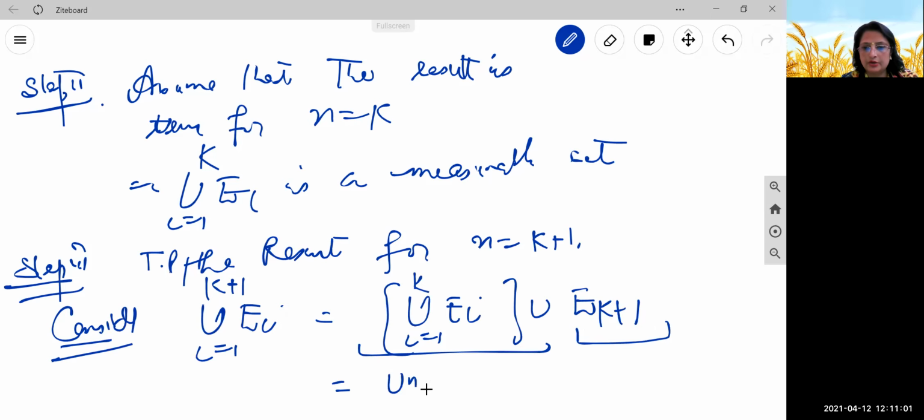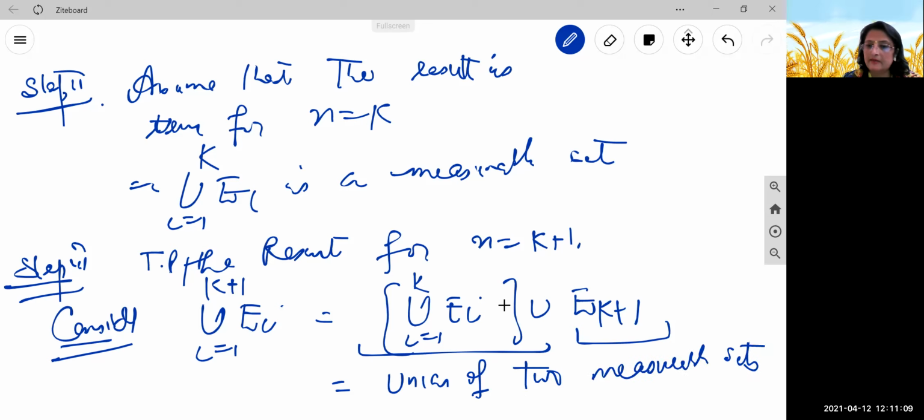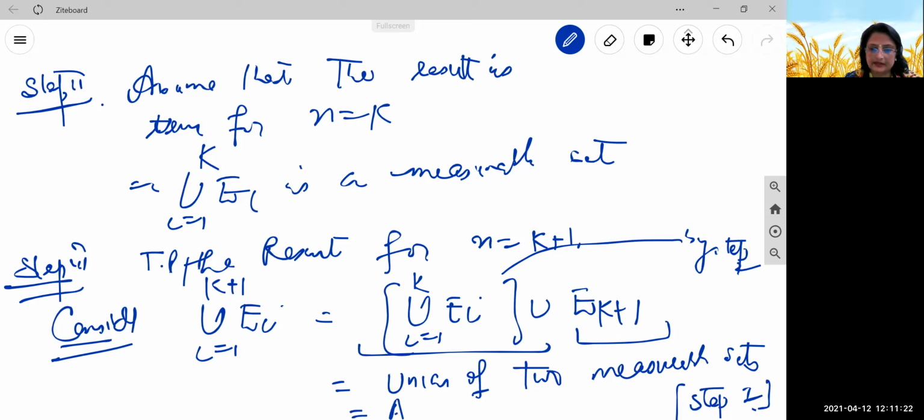So this is the union of two measurable sets. Why is this measurable? By step 2. And why did we write this line, union of two measurable sets? This is step number 1. It implies a measurable set because union of two measurable set is measurable set.